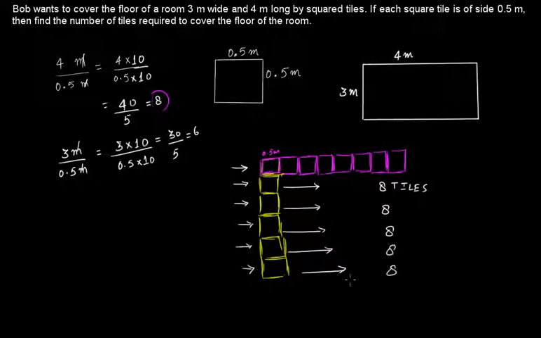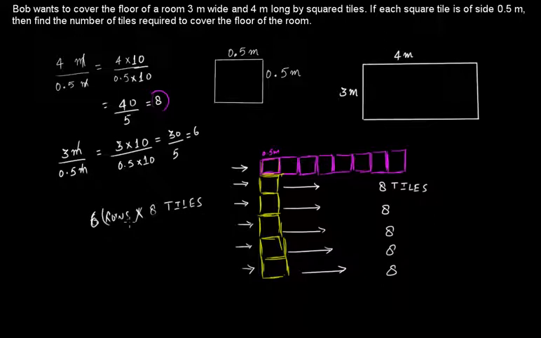So how many total tiles will we have? How many rows do we have? We have 6 rows. How many tiles do we have in a single row? We have 8 tiles. We have 6 rows, and in each row we have 8 tiles.